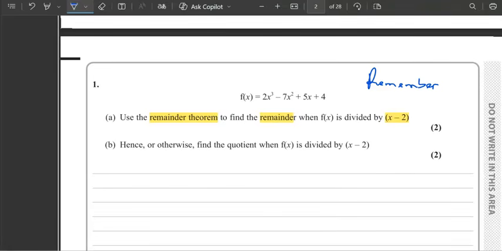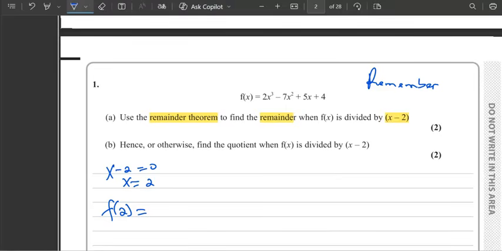So what are we supposed to do in this case? We'll set x minus 2 equals to 0 to obtain the value of x. So here we will have x minus 2 equals to 0, and therefore x equals to 2. For us to get the remainder, we need f of 2. What we do is very simple.